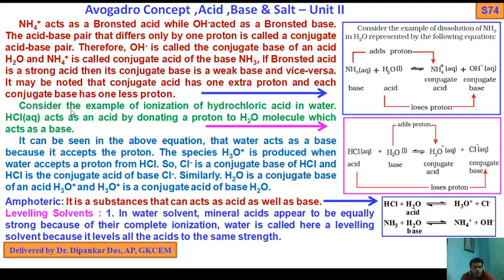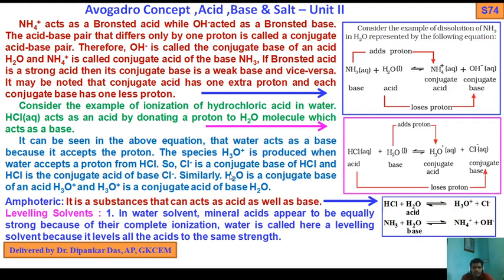Next, consider another example, the ionization of hydrochloric acid in water. HCl in water acts as an acid by donating a proton to the water molecule, which acts as a base. So it can be seen in the above equation that water acts as a base because it accepts the proton. The species H3O plus is produced when water accepts a proton from HCl.